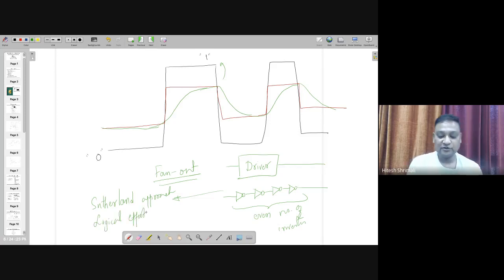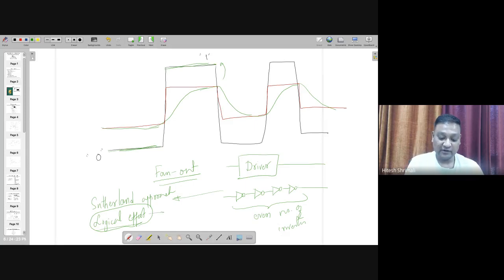So you need to use some sort of circuit which is going to make sure that logical 1 is logical 1 and logical 0 is 0. So logical effort in general is the effort required for my circuit to take digital logic 1 to digital logic 1 and digital logic 0 to 0.